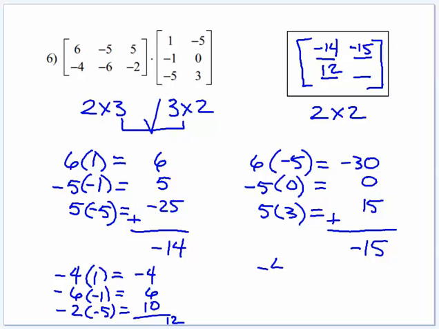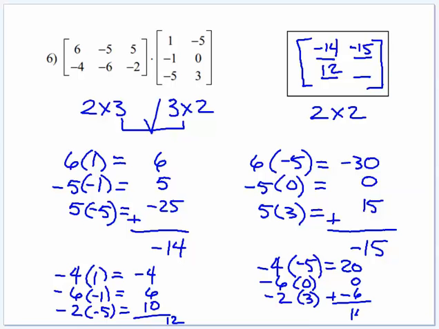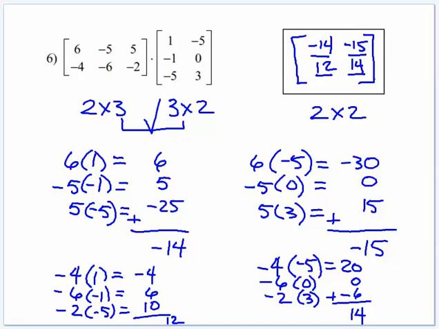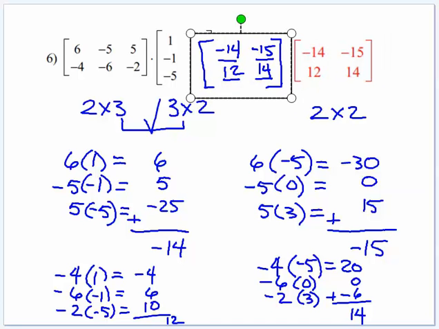The negative 4, the negative 6, the negative 2 now pair with negative 5, 0, and 3. Multiplying, we get a positive 20, we get 0, and we get a negative 6. Add those, 20 minus 6 is 14. And let's see, our answers are the same.